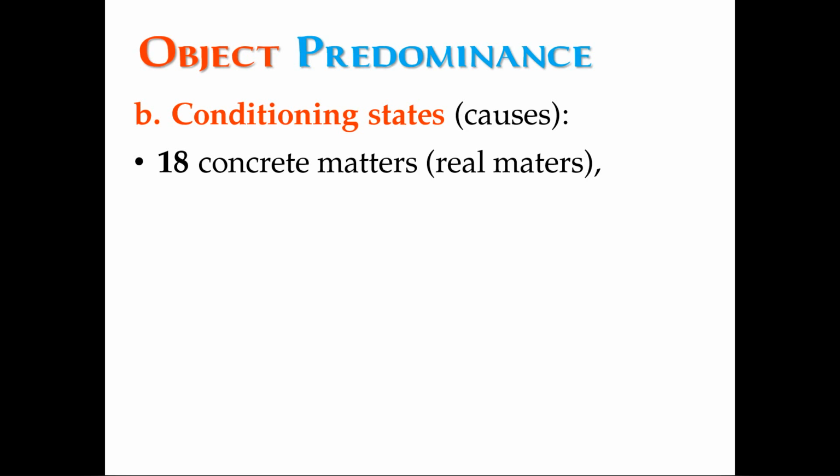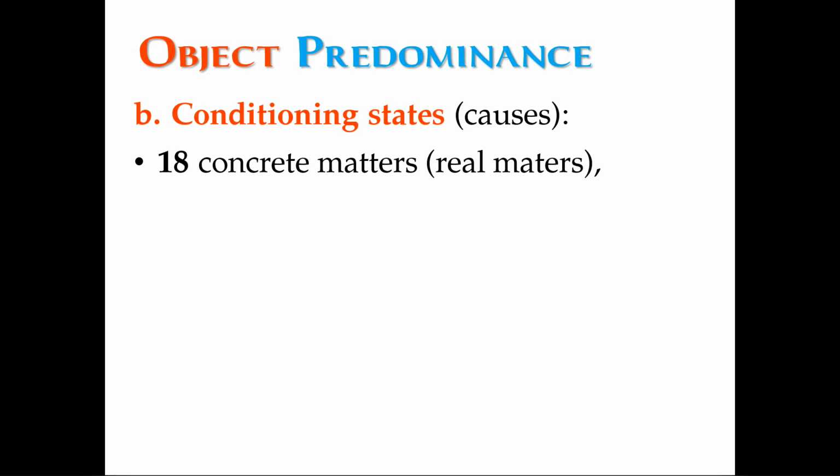So they are predominant. 80 concrete matters are the cause for the arising of chetas, mind. So under the object, we take 28, right? 28 rupas, 28 matters.